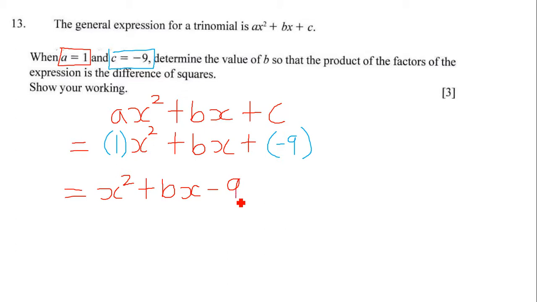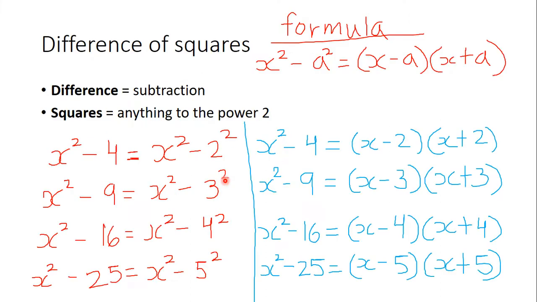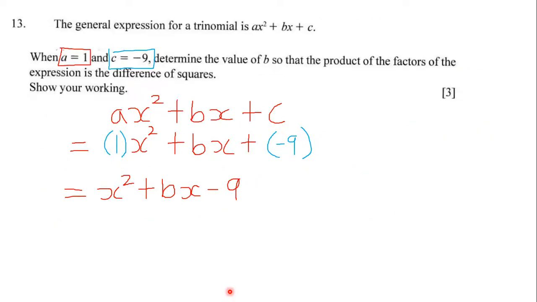Now I want you to think with me. What must the letter b be equal to such that we could get something looking like one of these? Is it 3?